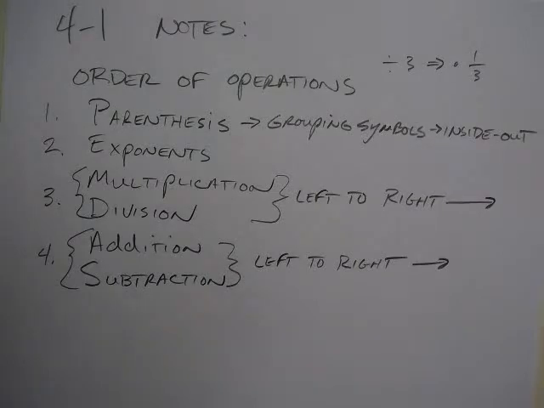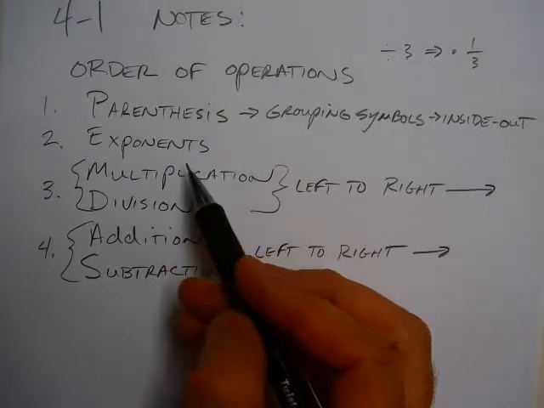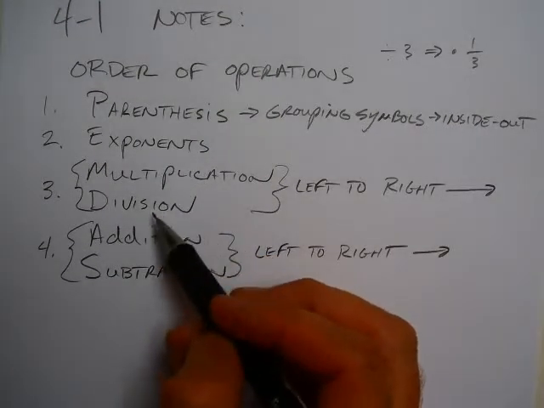Exponents. How do you undo an exponent? What's the opposite of squaring? Close, not cubing. Square root, right. So exponents and square roots are like multiplication and division.